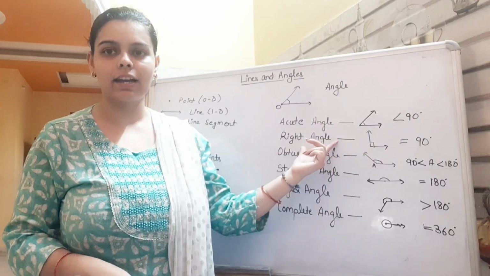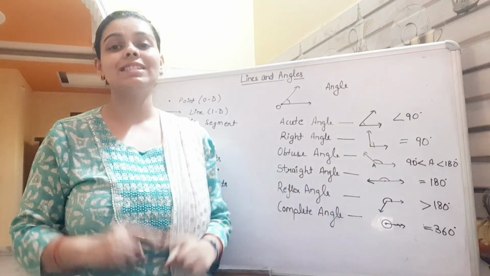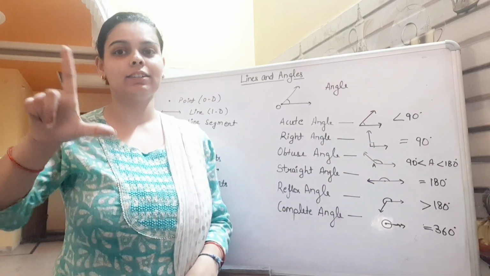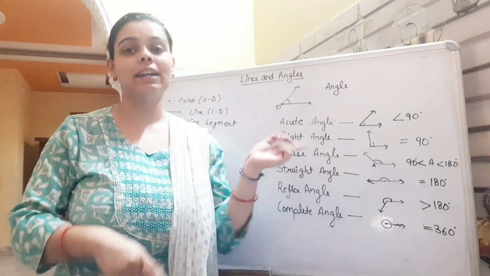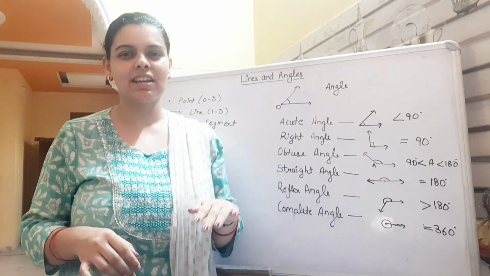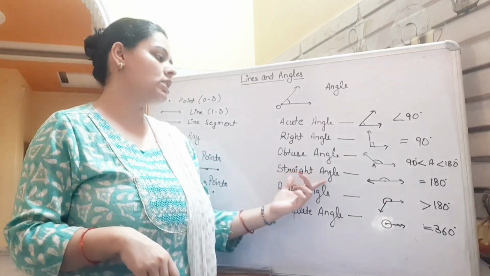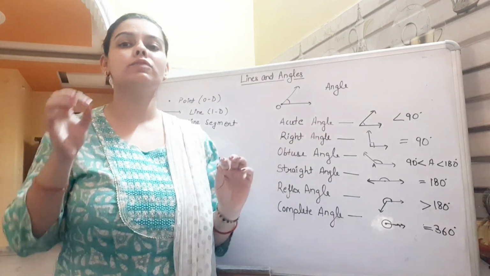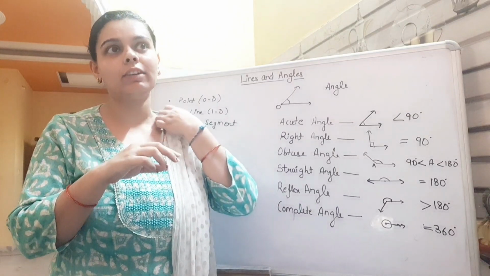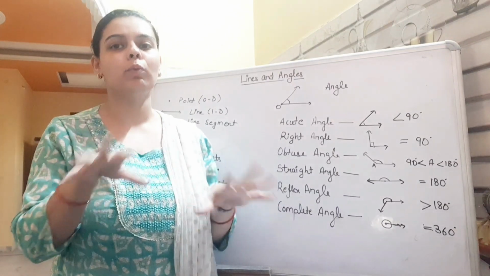Next one is the right angle, an angle which is equal to 90 degrees, like this. Next is the obtuse angle, that is greater than 90 but less than 180. Straight angle is equal to 180 degrees. A line forms a 180 degree angle at any point on it.